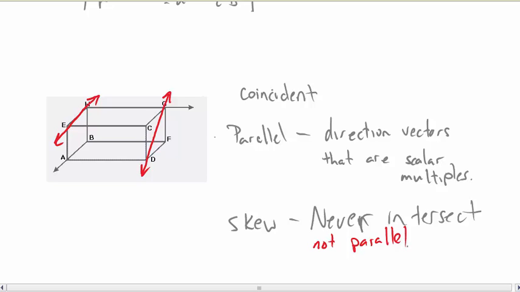They're going different directions. So they're different direction lines, but they never ever intersect each other. And that's kind of a different idea than we experience in two dimensions. We couldn't have this. The lines were either the same line, they were parallel, or they had to intersect each other. And with vectors, that doesn't have to be the case. We can have lines that are not parallel, but also that don't intersect.